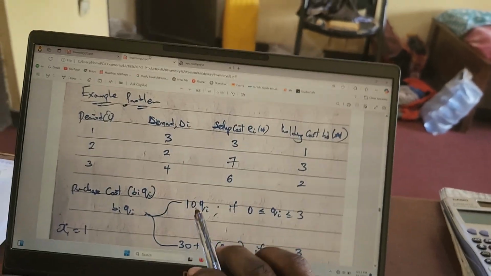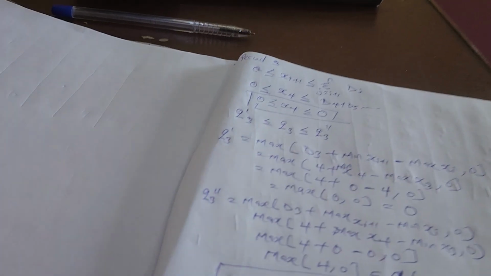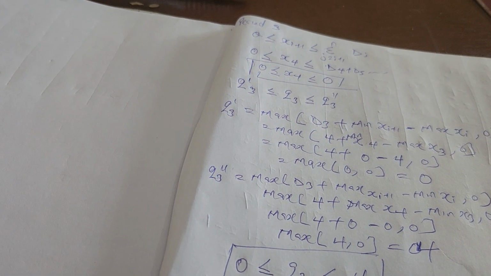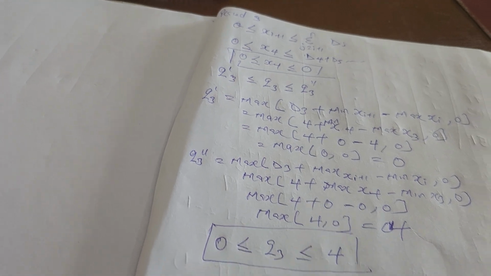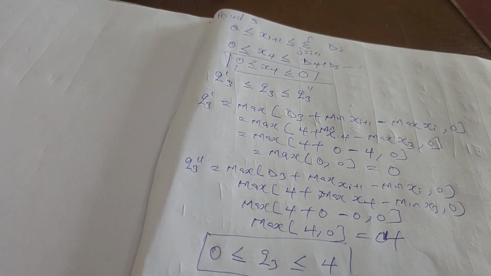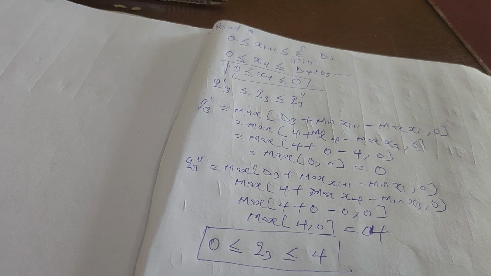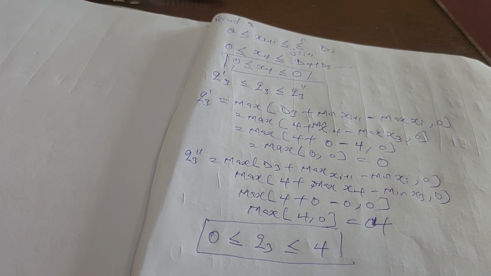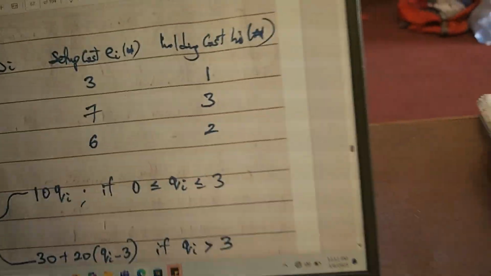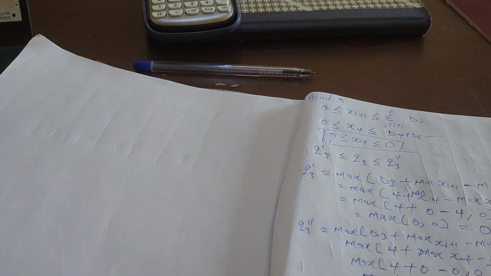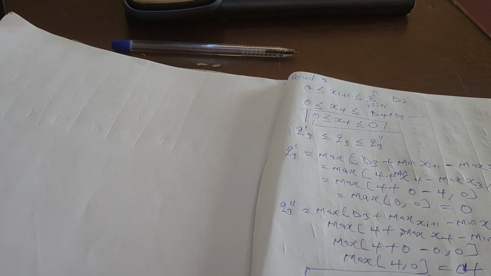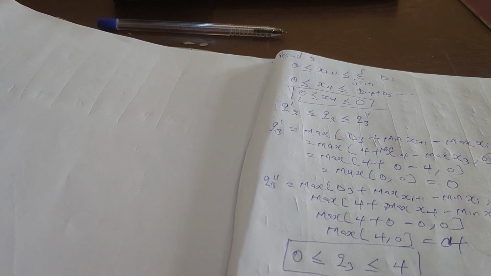So we are maintaining this for our purchase cost. That's 10Q, so everything here will be 0. Let's go to the next one. Since our Q is greater than 0 here, it will be 6 plus 10 times 1, that will be 16.